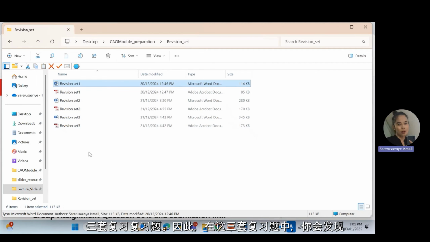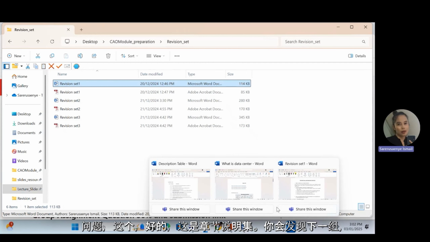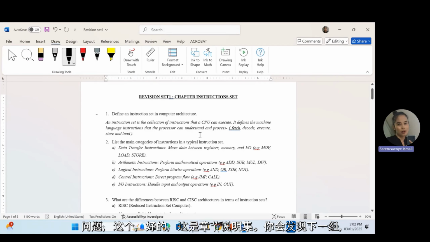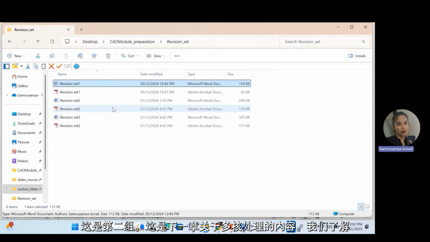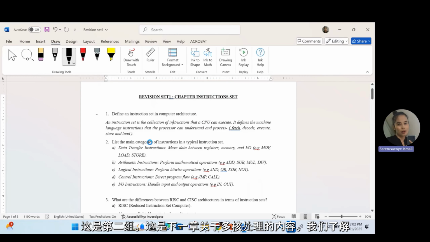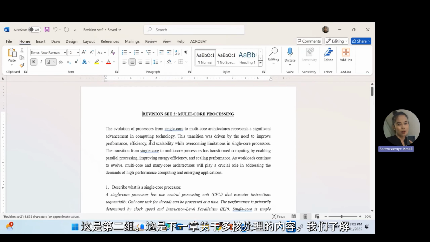Each set follows the chapters. The first set of review questions, this one, is the chapter on instruction sets. And you will find the next set, which is set 2. This is for the next chapter, about multi-core processing.